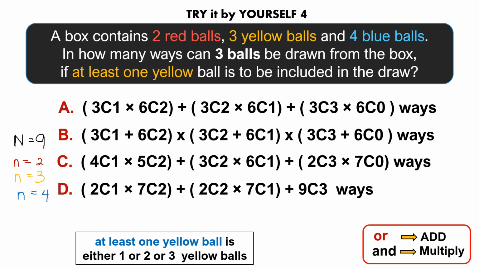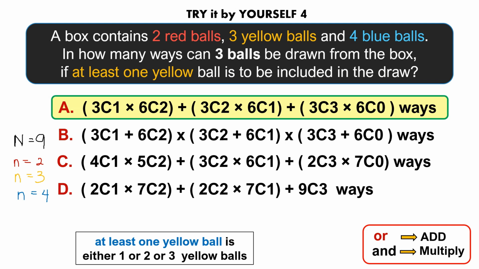And you are correct. Quantity 3 choose 1 times 6 choose 2 plus quantity 3 choose 2 times 6 choose 1 plus quantity 3 choose 3 times 6 choose 0. And that is equivalent to 64 ways. Good job!